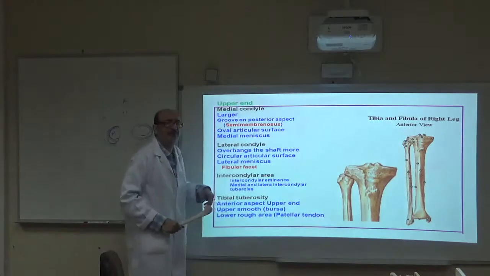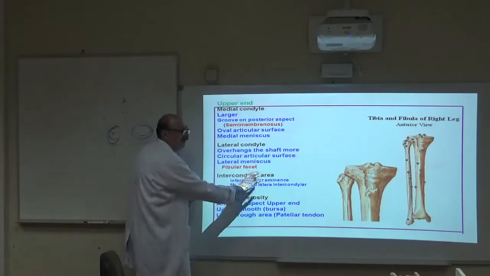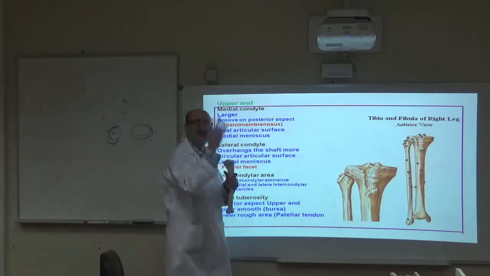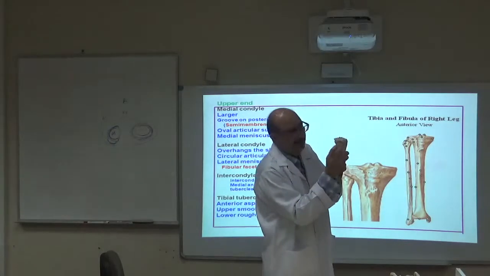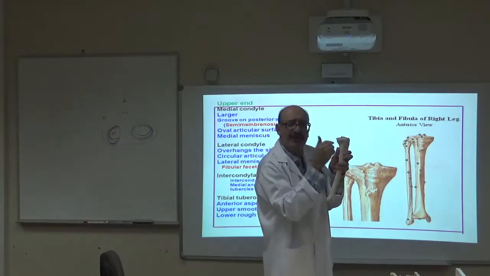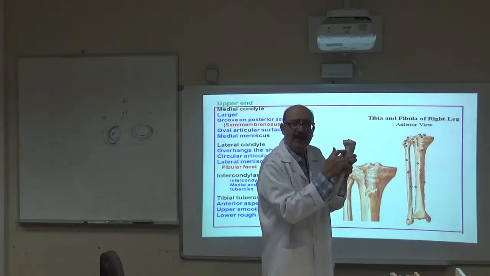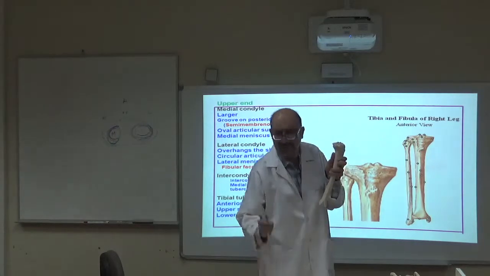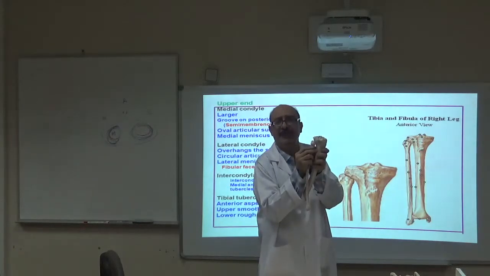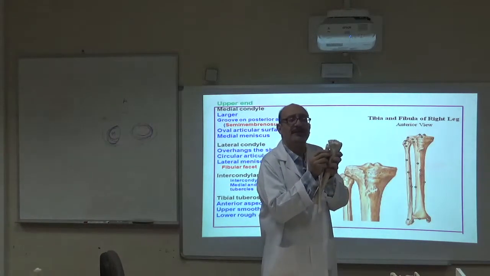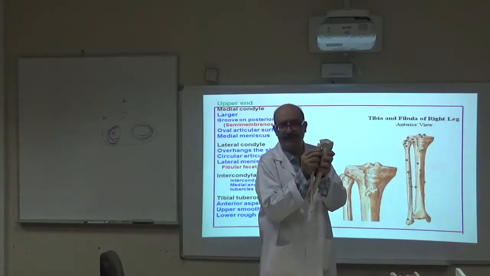Facet is derived from the word face, F-A-C-E, a flat sort of a surface like facing. So this facet is actually the fibular facet on tibia, so that the upper end of fibula can have articulation here to make the superior tibio-fibular joint.